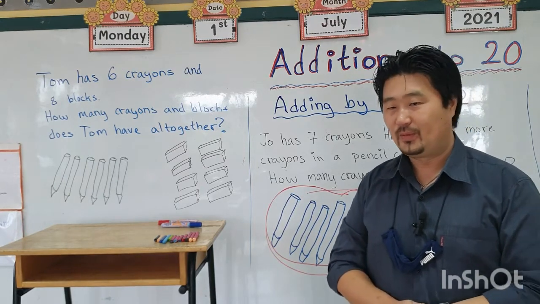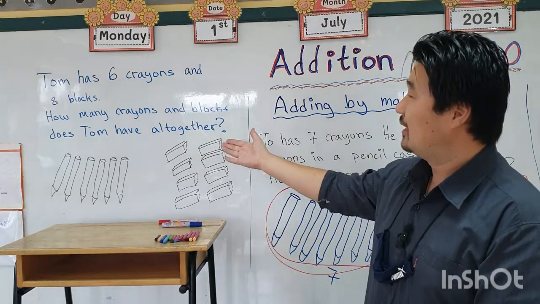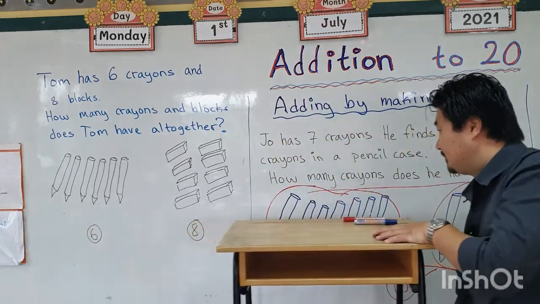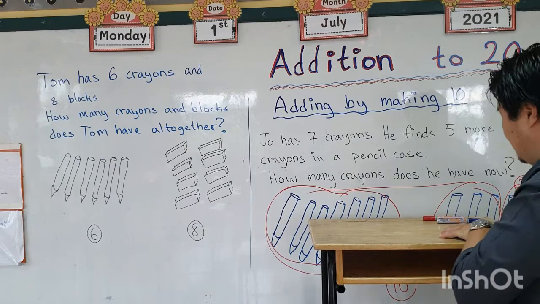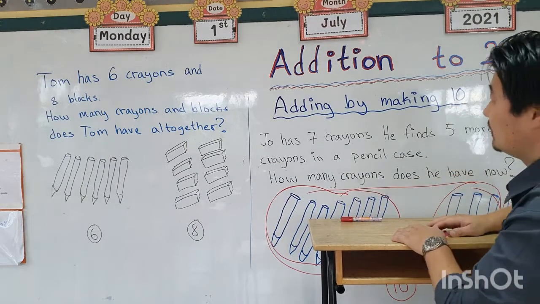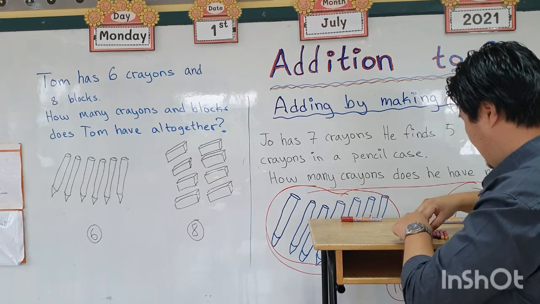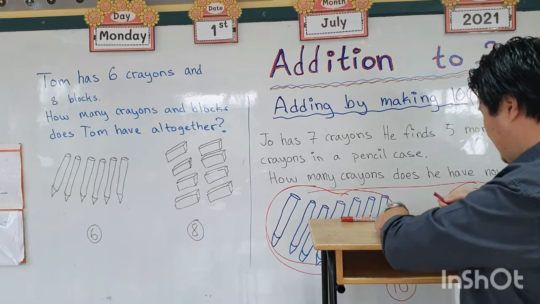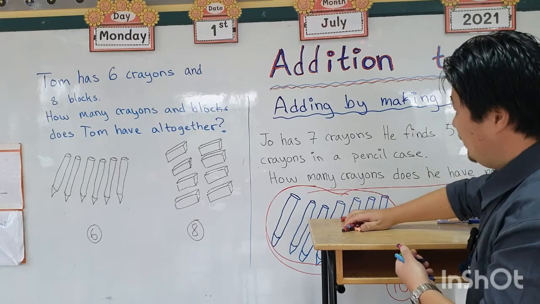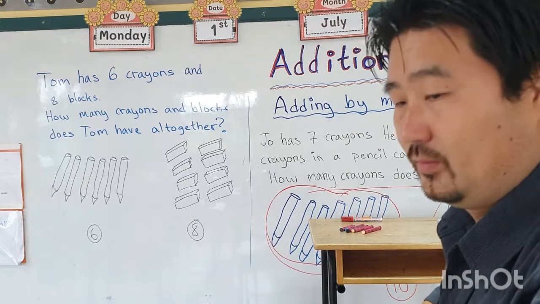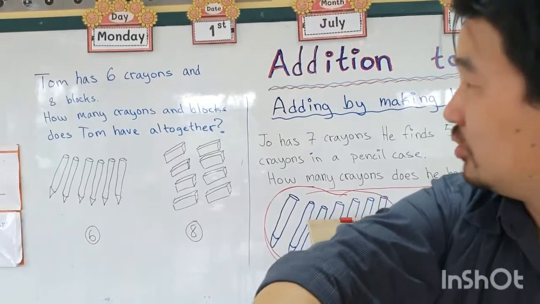Okay, good. So now let's go to another example I have here on my right. And here we have crayons and blocks. We use crayons and blocks.